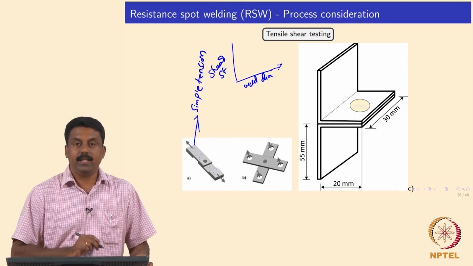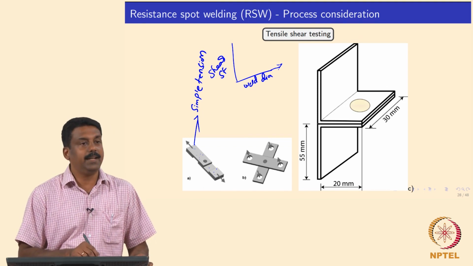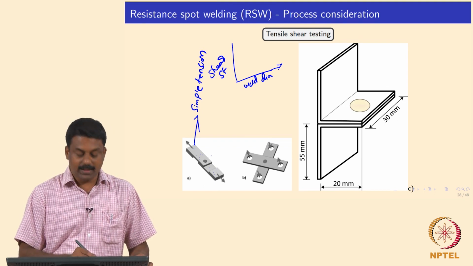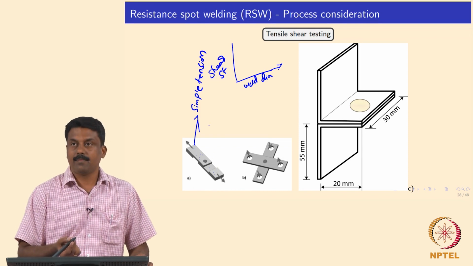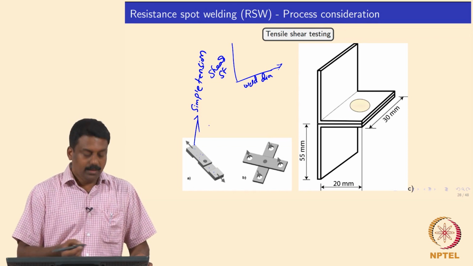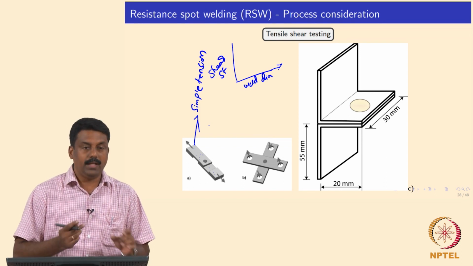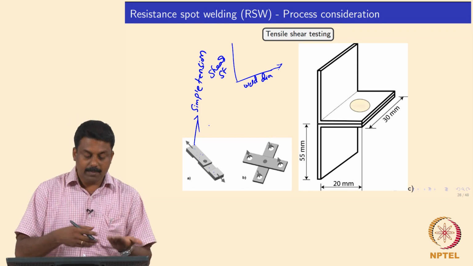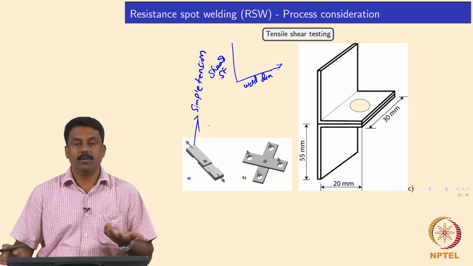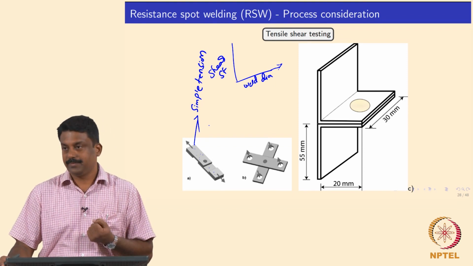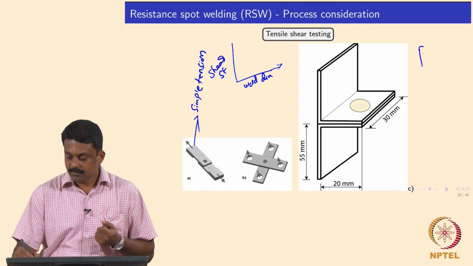So, when you are measuring ductility, you are not measuring ductility of the weld, you are measuring ductility of the entire sample, isn't it, right. So, in order to identify the actual property of the weld, apart from the strength and the ductility, we also look at the plug ratio.